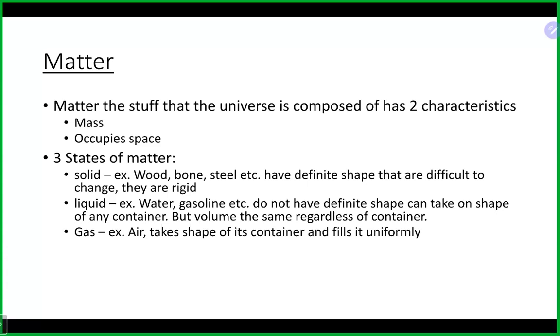The gas phase: air, obviously, is an example of a gas. Hydrogen, nitrogen, and oxygen, which are components of air, take the shape of their container and fill it uniformly. In most cases, especially as we'll talk about in the gas chapter, we assume gases to be what are sometimes referred to as ideal gases. Ideal gases are just flying around in the container.